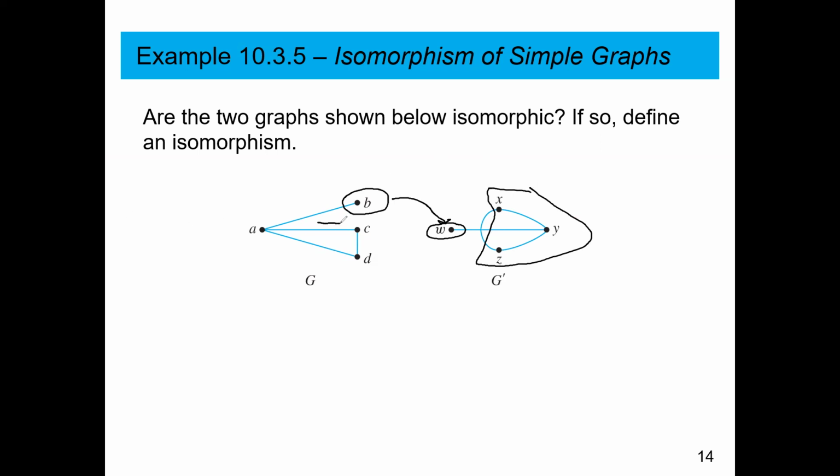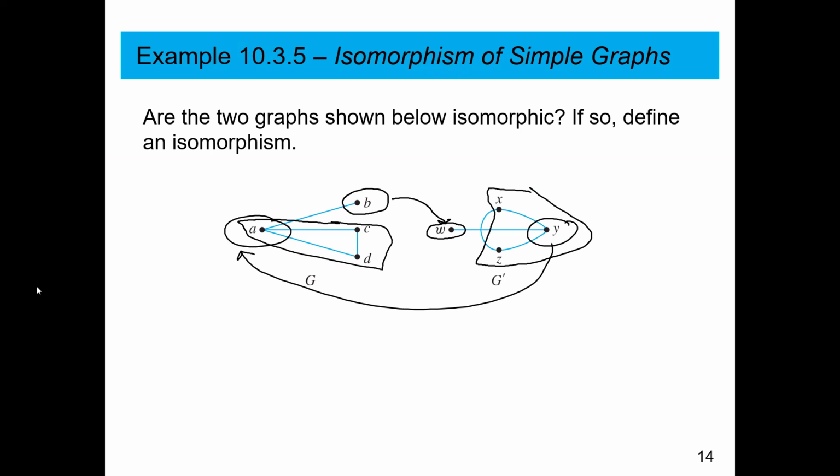And so here, these form a complete graph on three vertices. However, because A is the one that links up to B and Y is the one that links up to W, then these two have to be connected. So A has to go to Y, B has to go to W. And then I can pick either one of the other two, and it does not really matter. I will still get the same result.